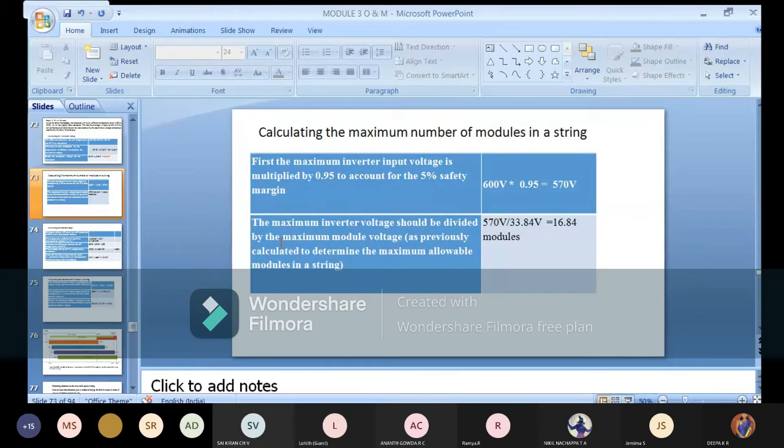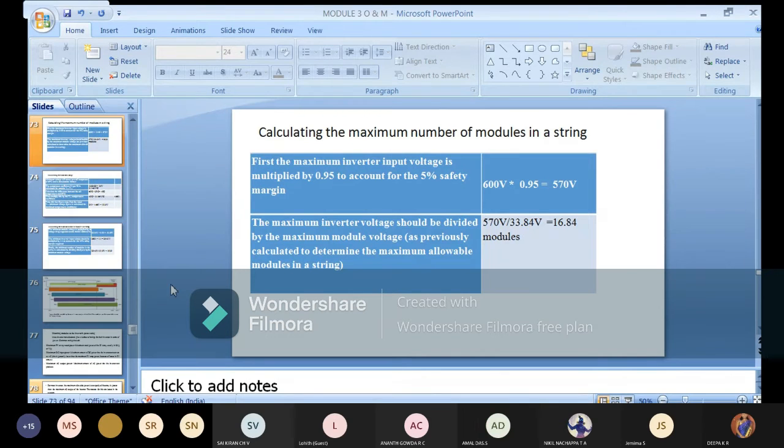You can see the terms here: the maximum inverter voltage should be divided by the maximum module voltage, that is, how much each module contributes. We do the same procedure, 570 divided by 33.84, and you get 16.84 modules. So 16.84 means you can round it and write it as 17 modules. One part is done. We come to know the least portion, so we are choosing 17 modules.